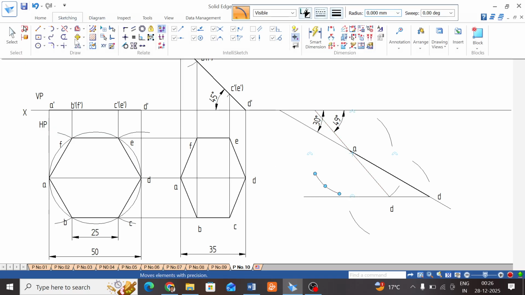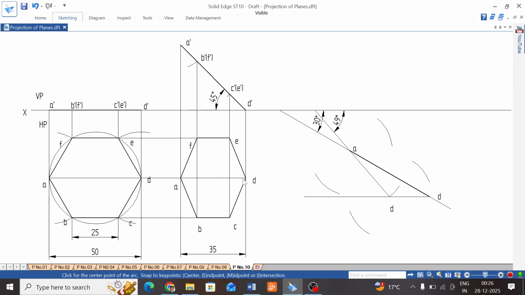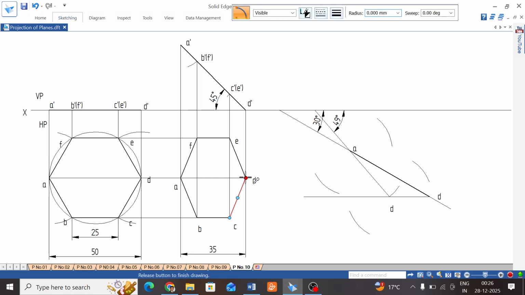Cut these arcs by using diagonal distance from D to F. D to F is 23, then again D to B also 23, then A to E also 23. Okay, the diagonal lines 23 is here. This is 23, you cut it.